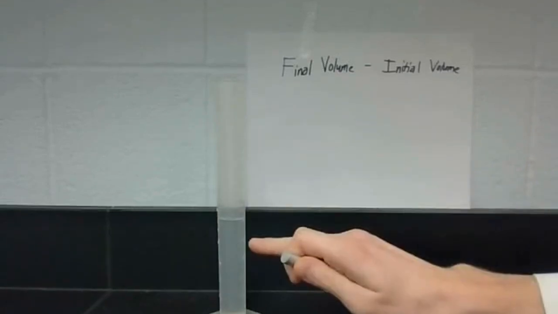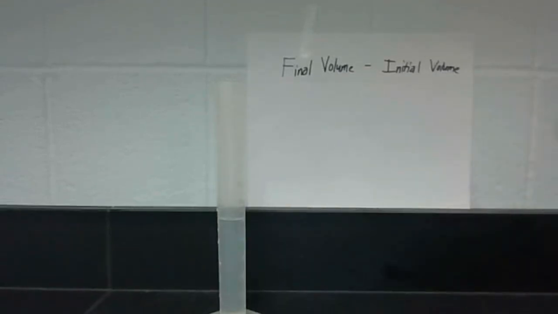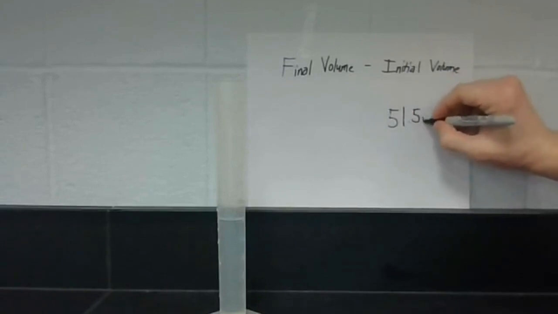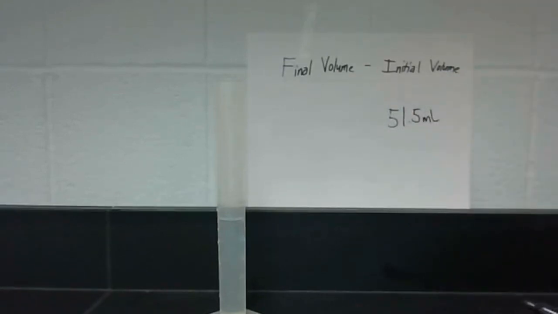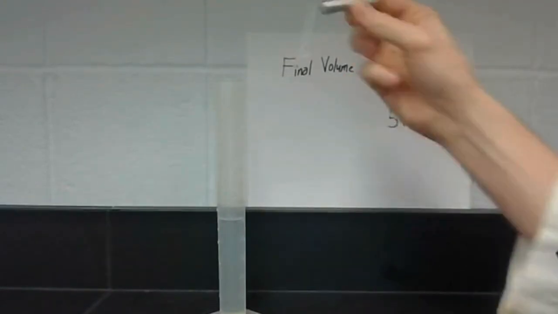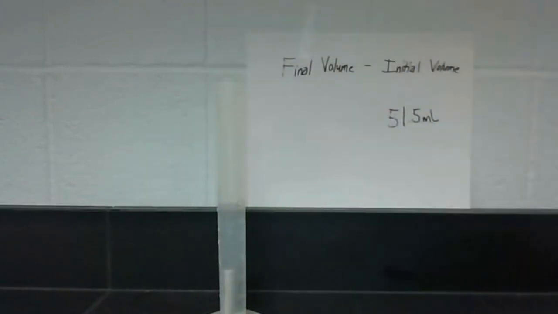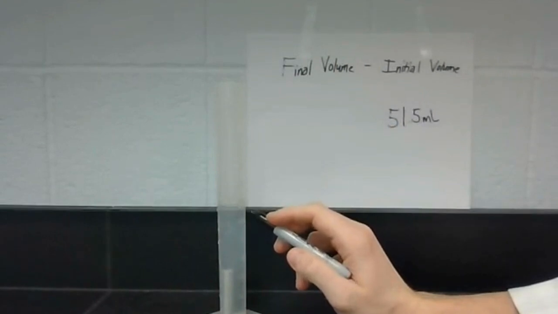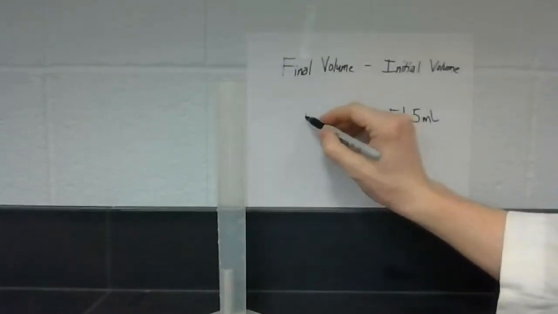So I'll get my initial reading of water. I already did this. We're at 51.5 milliliters of water. I'll drop in my silver cylinder, and I'll see that my final volume is at right around 57.1 milliliters.